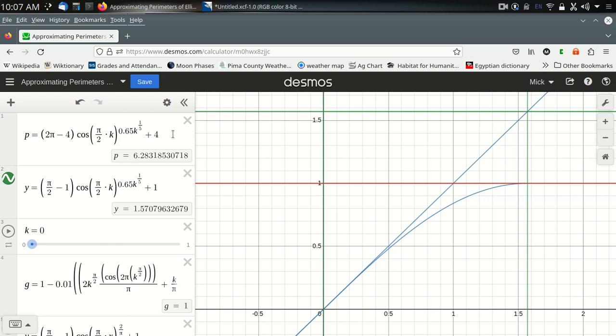But it turns out the basic idea of what we need to do is pretty simple. The eccentricity is your basic variable here. When the eccentricity of the ellipse is 0, you just have a circle, so its perimeter is 2 pi times the radius, or pi times the diameter. Either way.